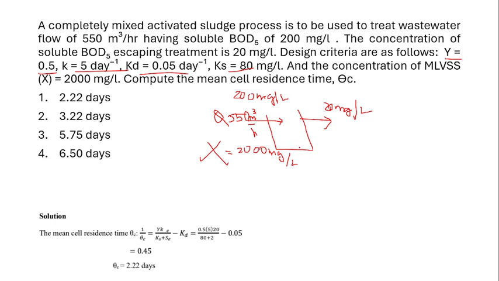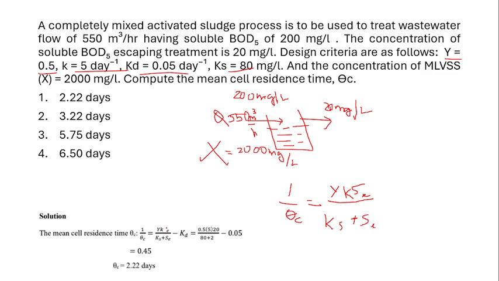Now to compute the value of theta c, the formula is 1 by theta c. This is obtained by considering the steady state condition, and by mass balance this equation is derived. 1 by theta c is equal to Y into k into Se divided by Ks plus Se, minus Kd.